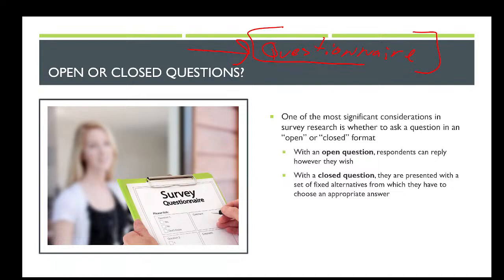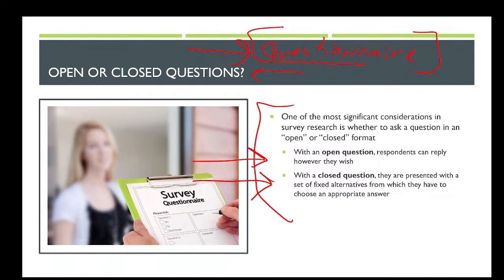Okay, so we're going to talk about the design of them. And I already talked about this a few slides ago in that last slide deck. But we basically have two types of questions you can ask in a questionnaire: open questions or closed questions. Now, the bulk of your questions on a questionnaire should be closed questions.